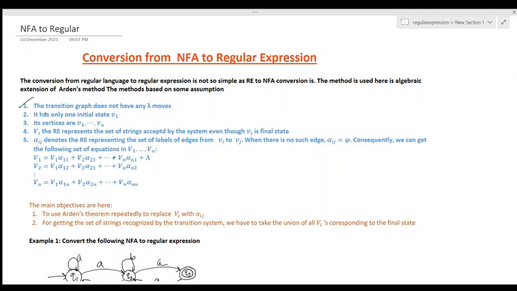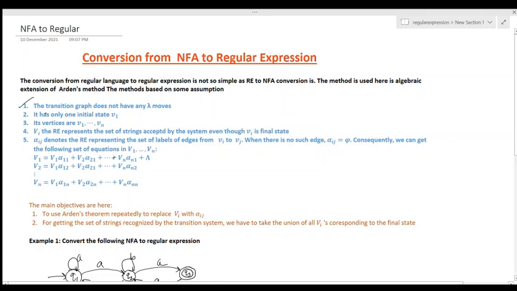So the regular expression will be whatever regular expression we obtain for the final state vi, and to start with that we need to build some equations using the transitions and the states given in the NFA. So we have Vn.